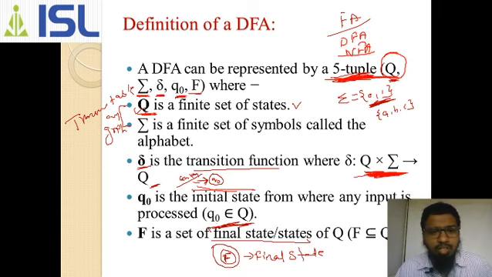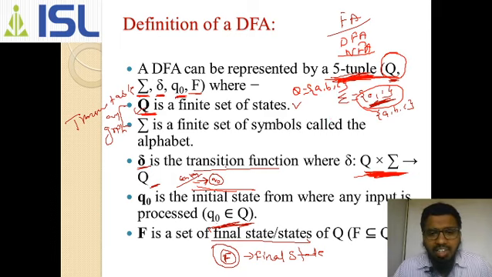Okay, what is the Q? Q is a finite set of states, and sigma is a finite set of symbols called the alphabet. And how will Q be represented here? Q equals, for example, A, B, C. And sigma equals 0, 1.